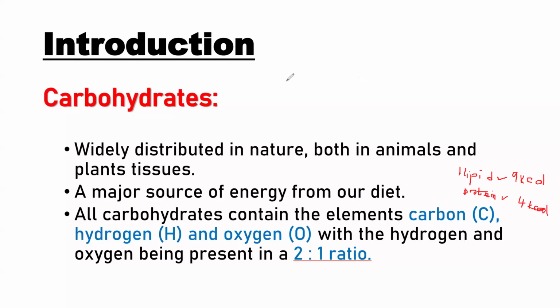Carbohydrate also produces 4 kilocalories of energy. It means that both carbohydrates and proteins produce the same amount of energy. But lipids produce energy twice, even more than that of the protein and carbohydrate. But the difference is that the carbohydrate produces the immediate energy.